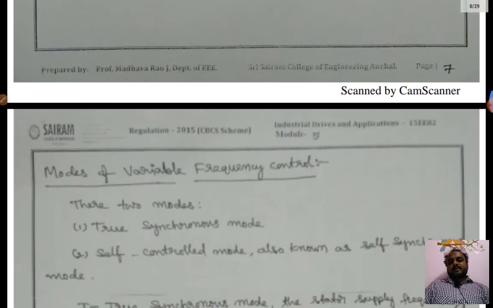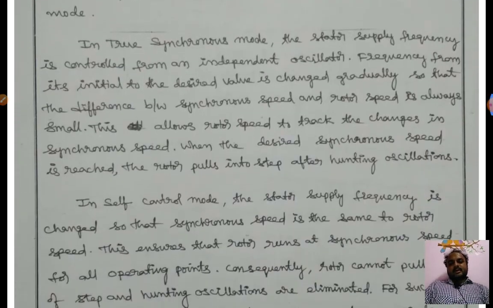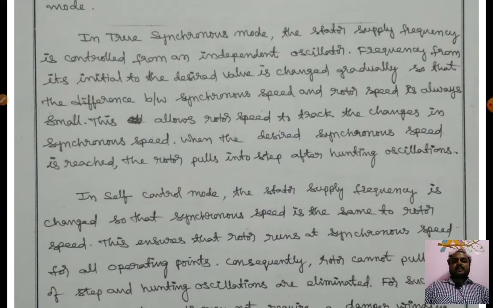Next we'll see modes of variable frequency control. We have two modes: one is true synchronous mode, and the second is self controlled mode, also known as self synchronous mode. In the true synchronous mode, the stator supply frequency is controlled from an independent oscillator.